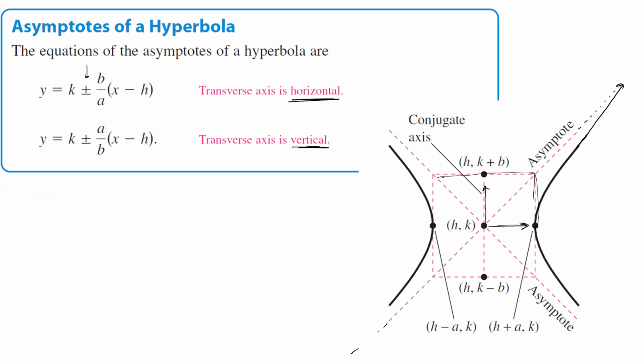That's probably easier to do than the formula, especially if you're just graphing here. So we make this little box right here, and the corners become our asymptote points. Sometimes they ask for an equation of it, sometimes just the graph.